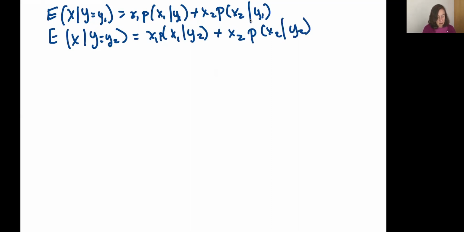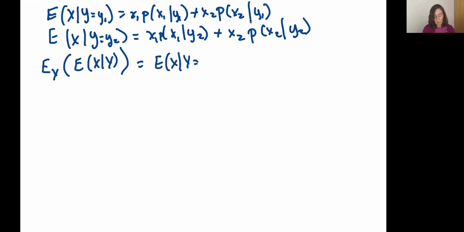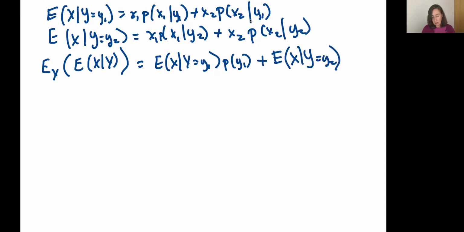And the expected value of x conditional on y is the expected value of x conditional on y equals y1 times the probability of y1, plus the expected value of x conditional on y equals y2 times the probability of y2.